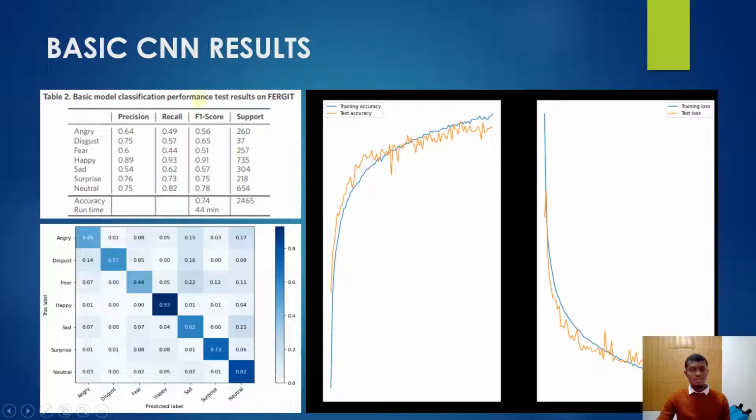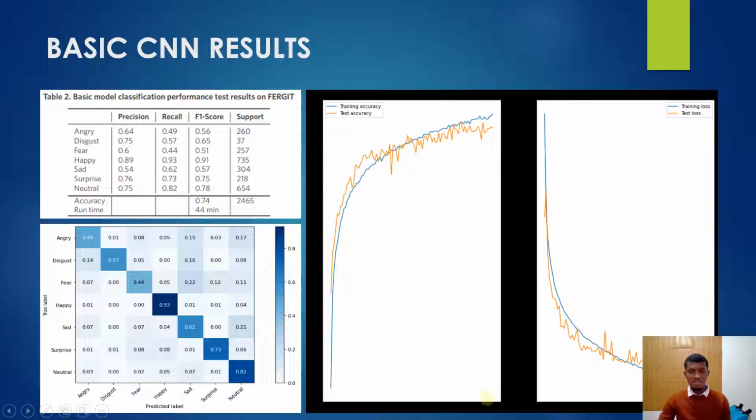The results are discussed in this slide. We have the basic CNN results, and the metrics used for the performance evaluation were precision, recall, F1 score, and accuracy. At the end, we got 74% accuracy on the test set, and as you can see, the monitoring of the training accuracy and training loss is giving quite good results without overfitting.